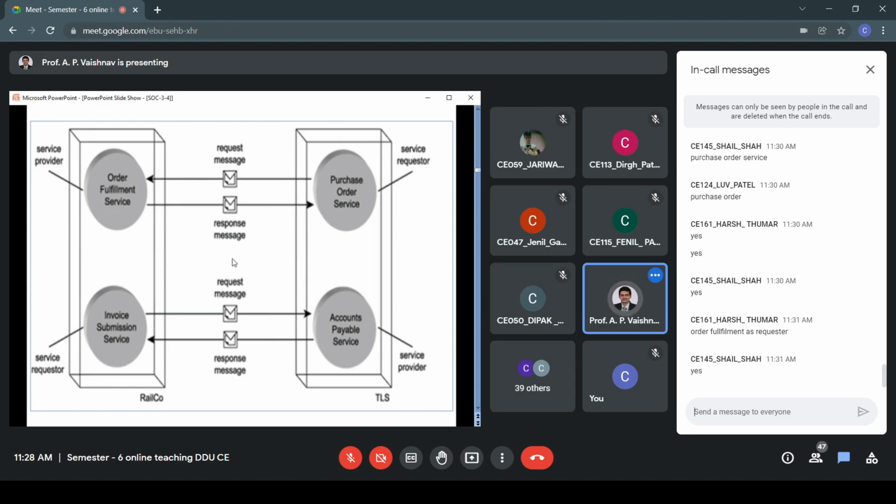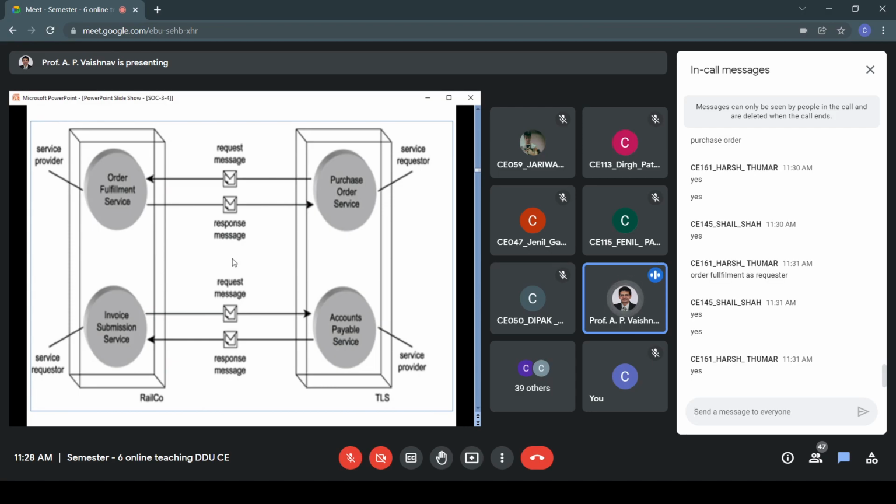So can I say that in this single exchange of messages, request and response, the roles are changing 2 times? Yes or no? Roles are changing 2 times, right? Initially, purchase order service was acting as a requester, and then it is acting as a provider, right? So that is why we call it temporary classification, because the roles can change depending upon the situation.